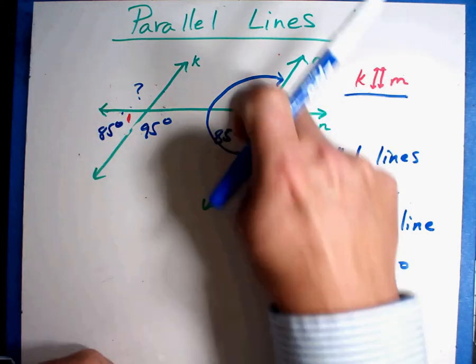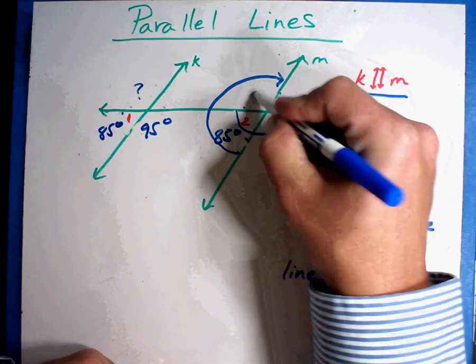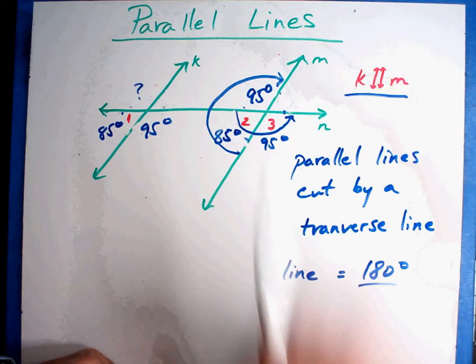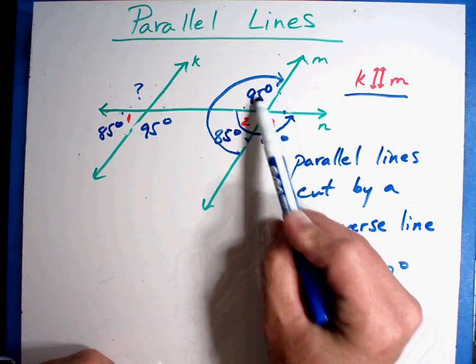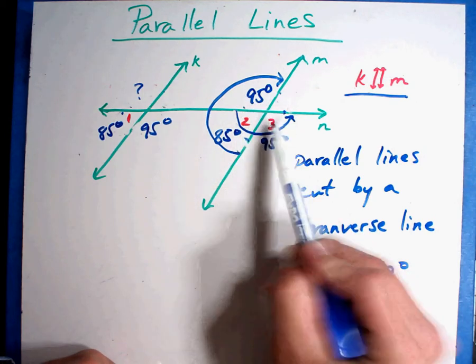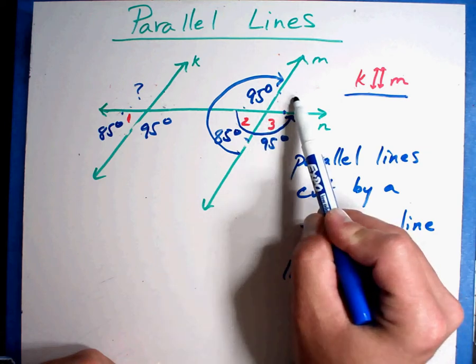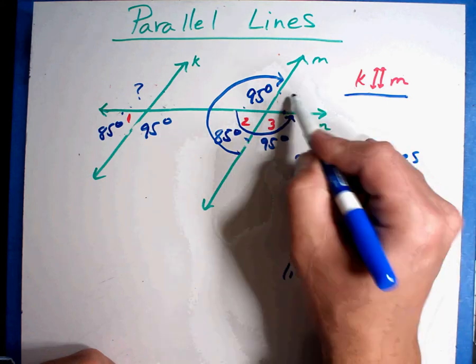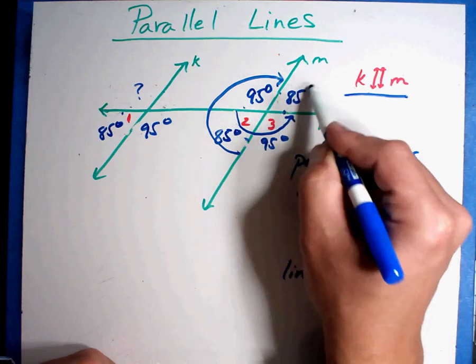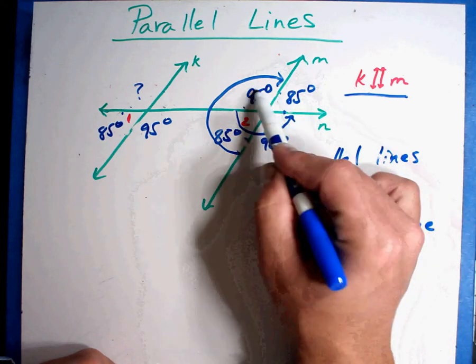Interesting. I got 95 degrees here. Now, do you see what's happening? If you have two lines that cross, opposites from each other are equal. So what do you think this one's going to be? I bet since I have two lines crossing, the angle across from each other is also 85. So 85 and 85, 95 and 95.